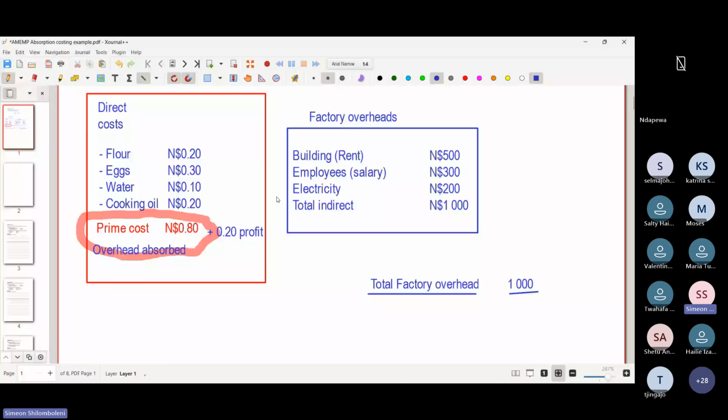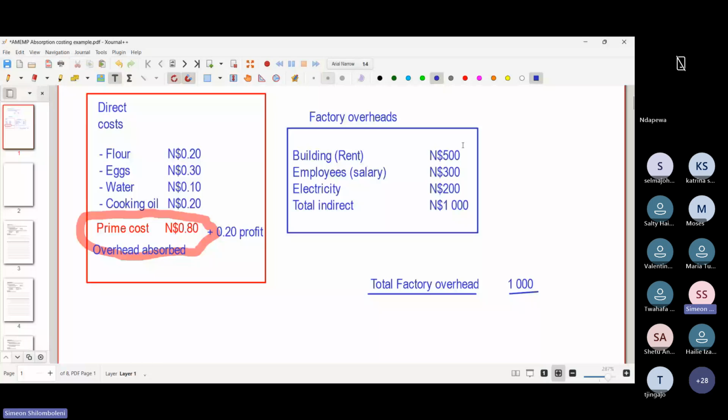Or do you just want to absorb them based on the number of units? If you are going to use more of machines, maybe you have those automatic pots that make these cakes automatically, then you will say most of my overheads are made up of machines.